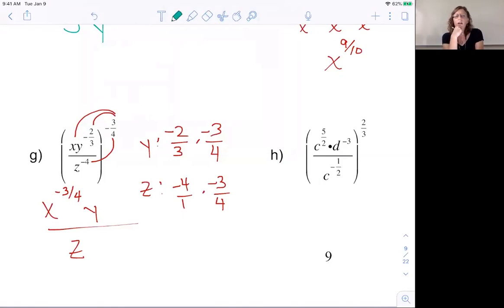Does anybody know what the exponent of the y variable would be? 1/2. Peter? Grant said it. Grant, sorry, 1/2. Okay, 1/2. And Grant, what do you have for z?